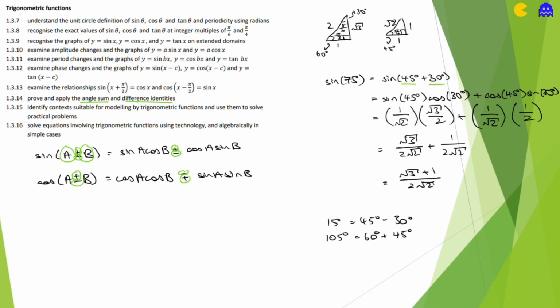Now the last thing I wanted to do is just have a quick look at some contexts that are suitable for modeling trigonometric functions. Some of these cases might show up in your test, for example. A common one I see a lot in WACE exams and tests generally is the case of a Ferris wheel, and you're trying to track a point on a Ferris wheel as you move up and down the Ferris wheel.